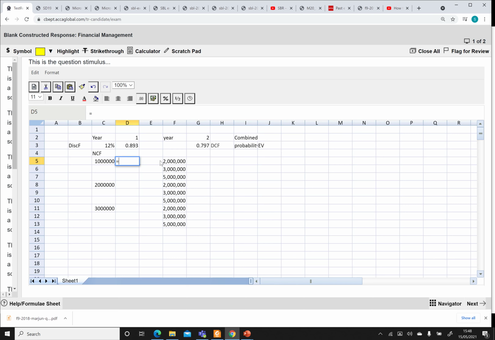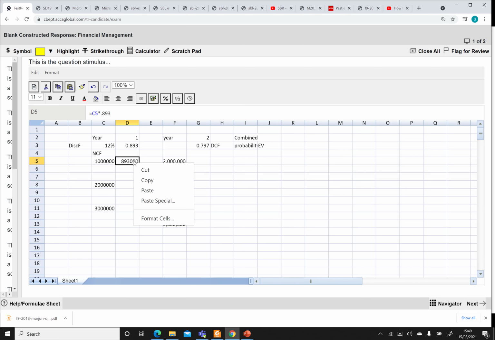So when I look at the 3 possible cash flows in year 1, then the 1 million would convert by 0.893 to 893,000.